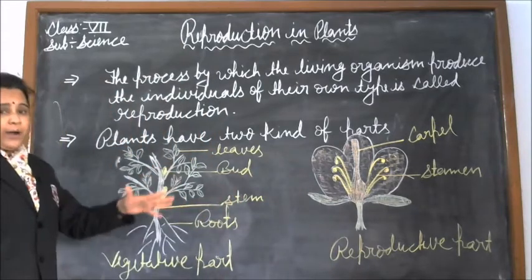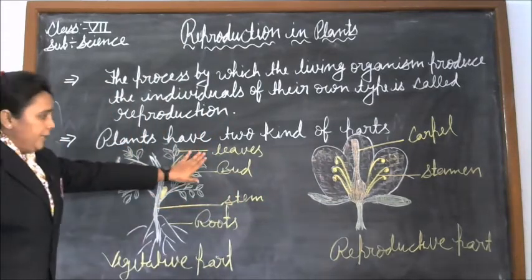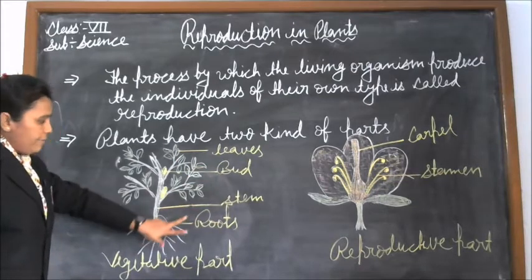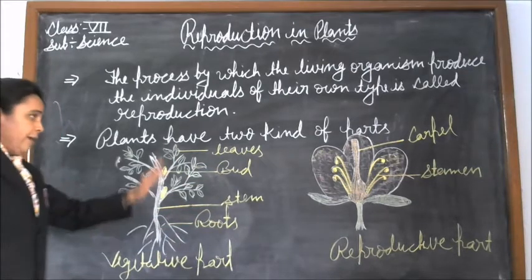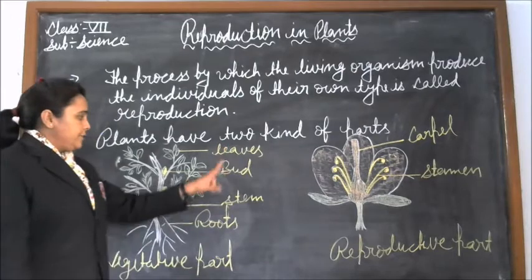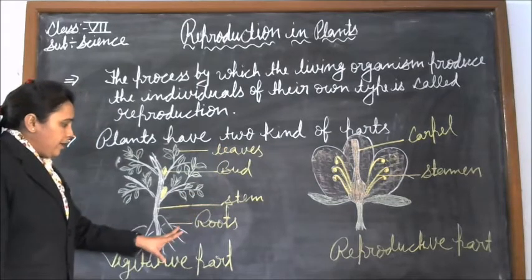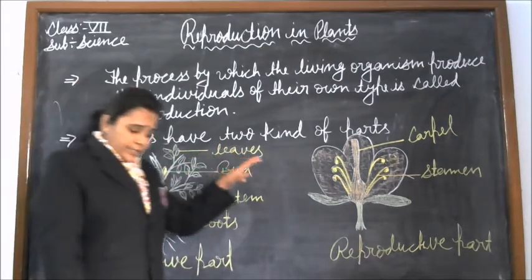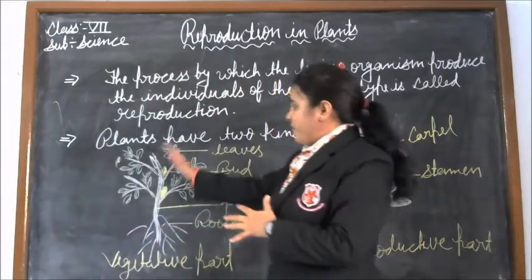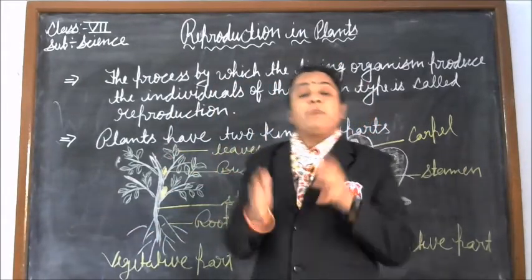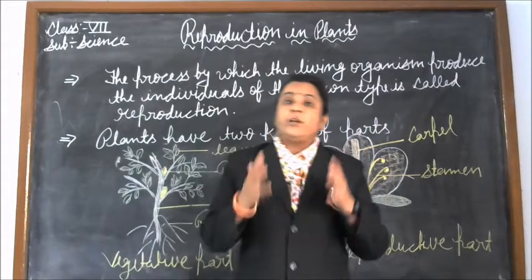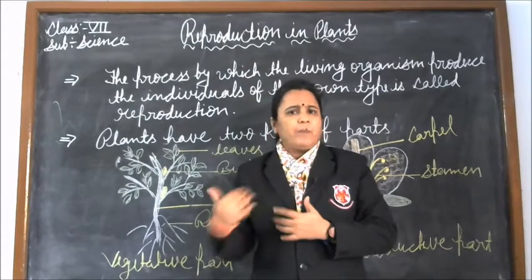Vegetative parts means leaves, bud, stem and root. These vegetative parts are involved in the process of asexual reproduction. We will study that further.